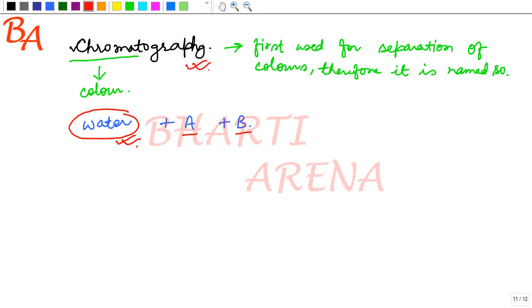What technique is used here? These two components are soluble in water, but their solubility will be different. Suppose A is more soluble than B. Then what will happen?